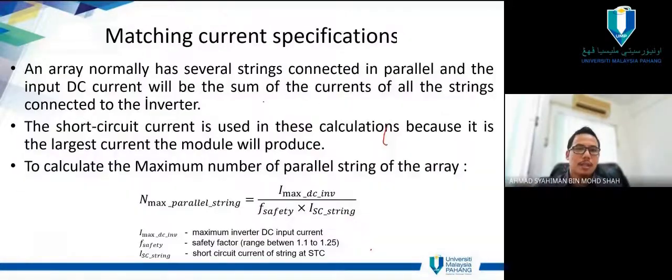Boleh? An array normally has several strings connected in parallel, and the input DC current will be the sum of the currents of all the strings connected to the inverter. Okay, logik lah.